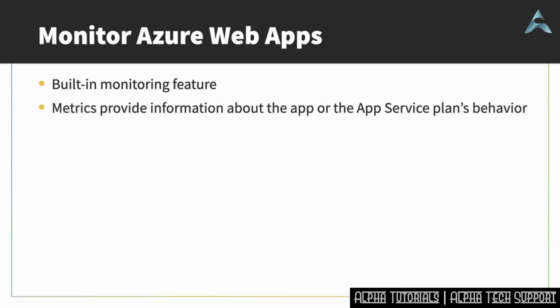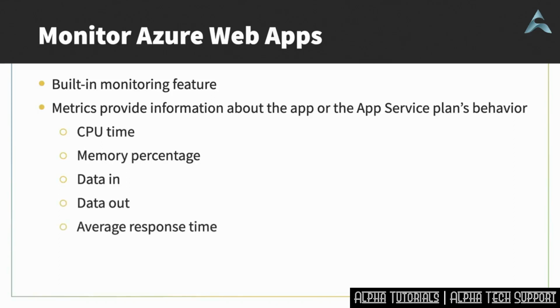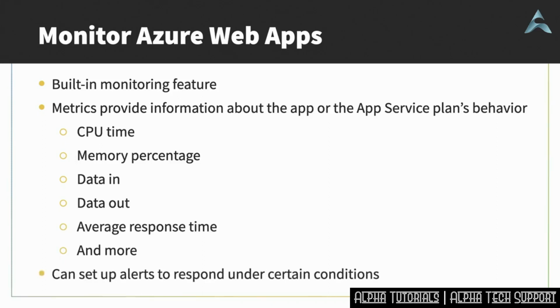Some of the metrics that we are collecting are things like CPU time, memory percentage, data in and out, the average response time, and more. And of course, with all this data being collected, it's not a bad idea to set up some alerts, like if something happens, I want to be alerted by email.